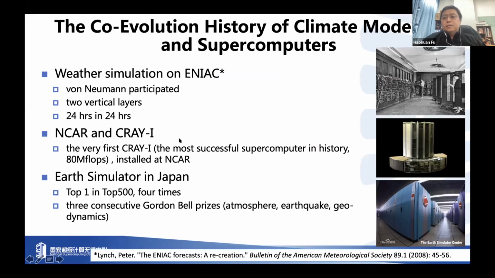And of course, NCAR, the National Center for Atmospheric Research, has pretty much all these different generations of supercomputers. They have the very first Cray-1, which is usually considered one of the most successful supercomputers in history. And also, of course, the Earth Simulator I've just mentioned.